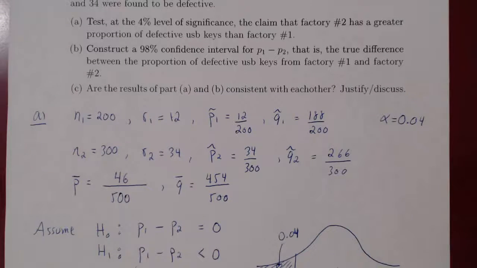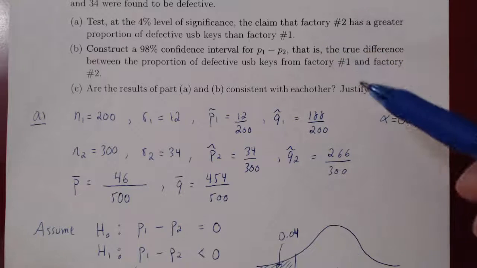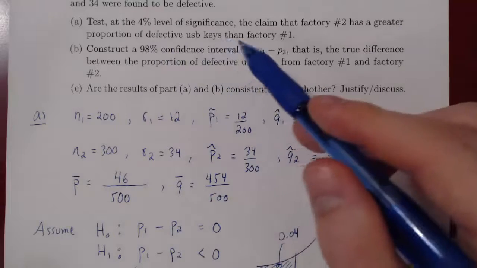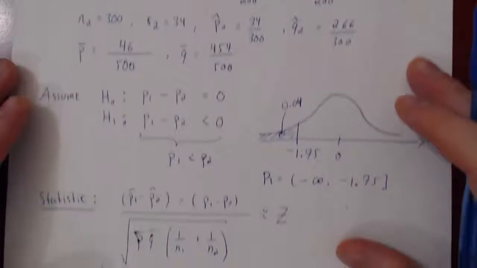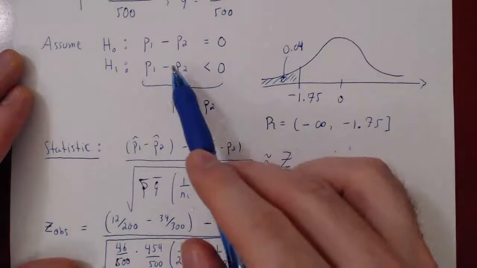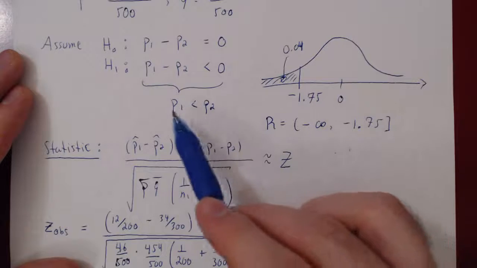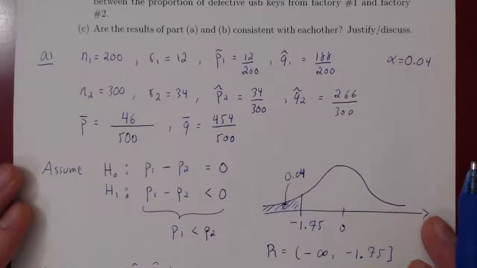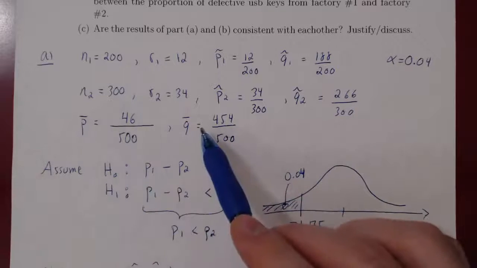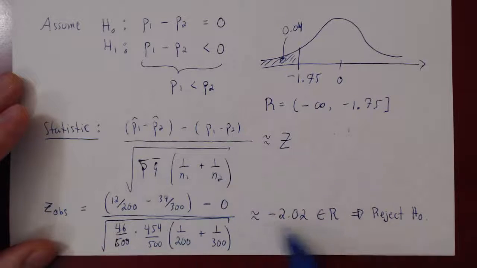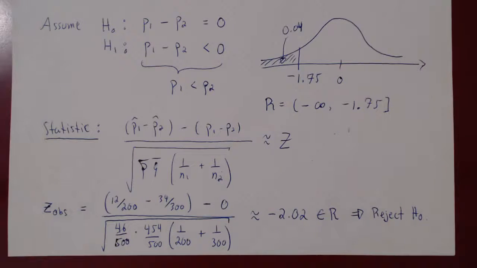And so we have confirmed up to 4% that the conclusion here is correct: that factory number 2 has a greater proportion of defective USB keys than factory number 1. Because we have accepted H1, therefore P1 minus P2 is negative, therefore P2 is indeed greater than P1. And that's it. And so you see, other than finding your pooled proportion and the complement, and a slightly stranger statistic, everything else works the same.